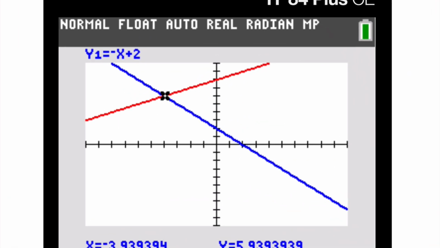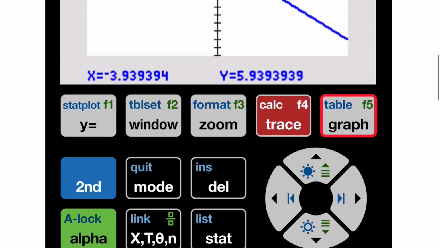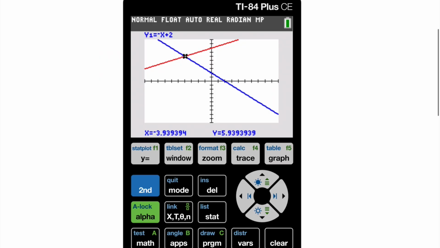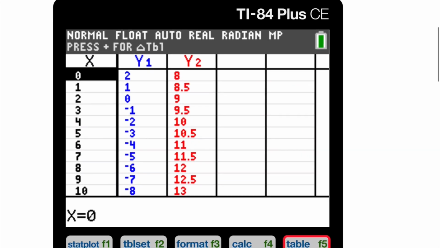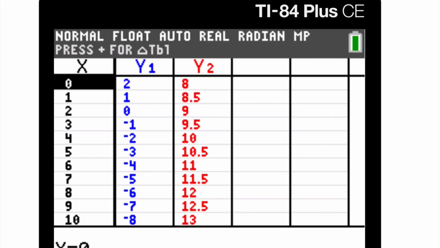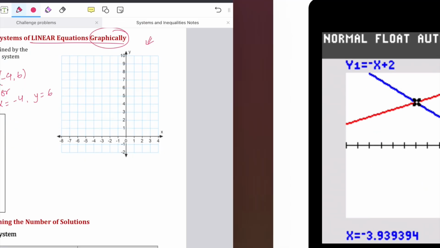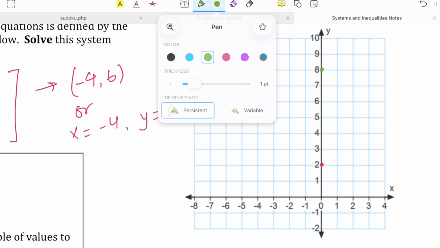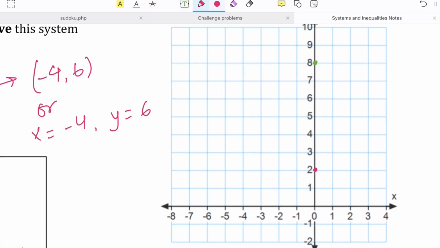And all we need to do now is put a point at 0, 2, another point at 0, 8, so 0, 2, we have 0, 8 for our second graph. And using the points, you can just graph your first line and the second line.